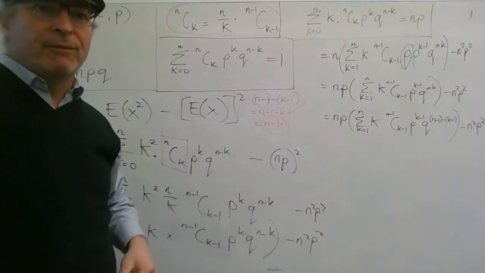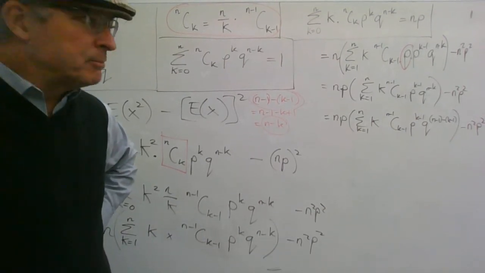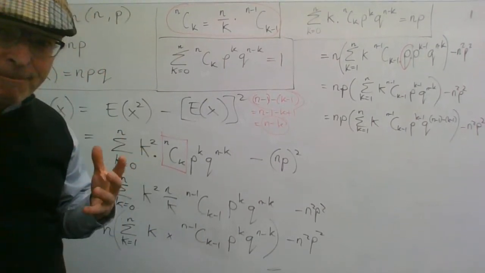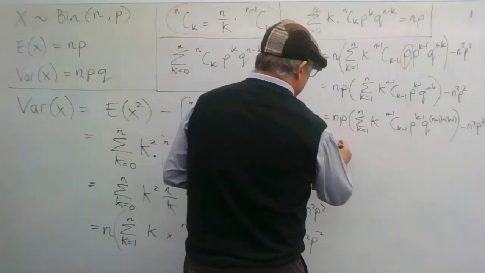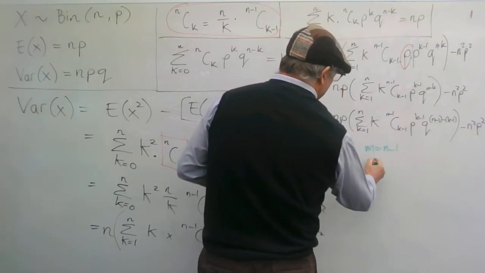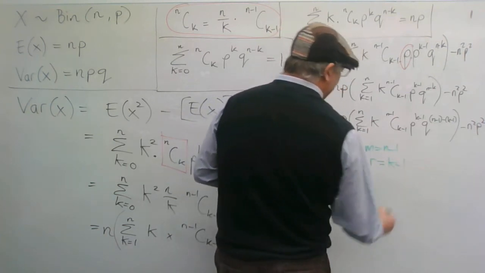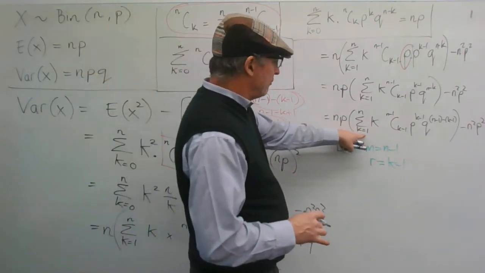So now we've thinned that right out, and we're going to do a substitution. So I'm going to let m equal n minus 1. I'll write that here. Let m equal n minus 1, and let r equal k minus 1. And our k used to go from 1 to n.